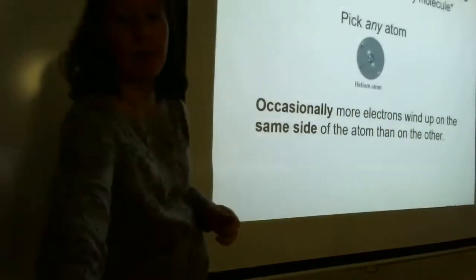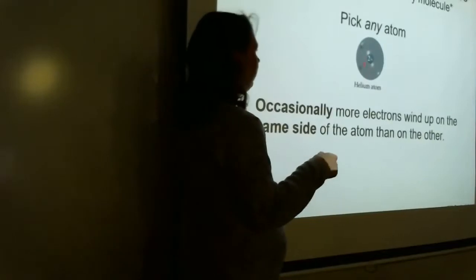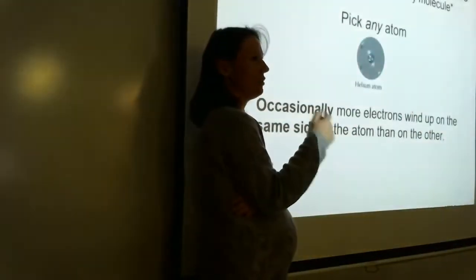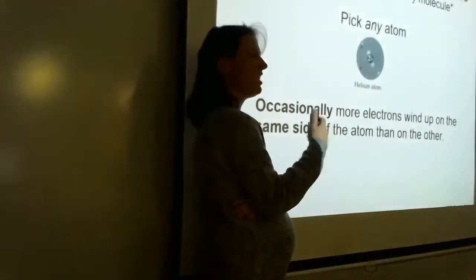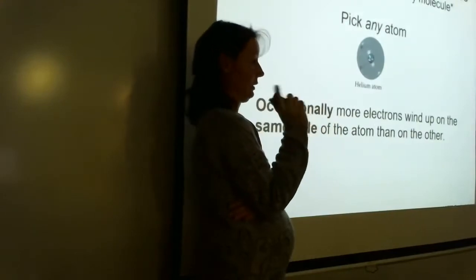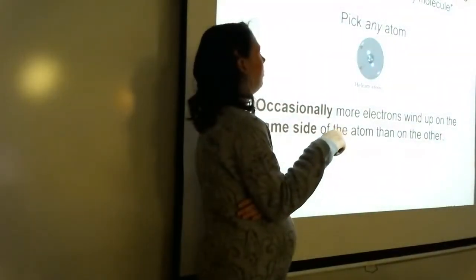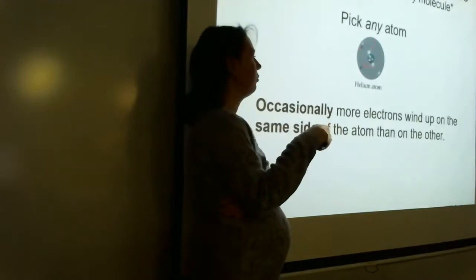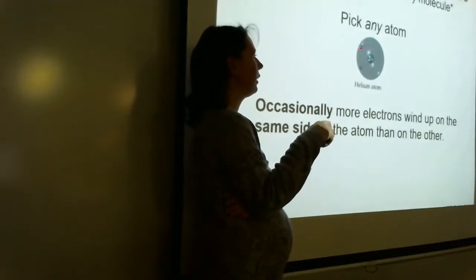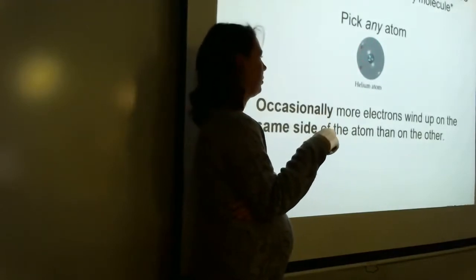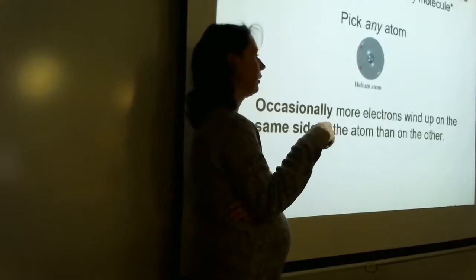Okay, so we pick any atom. Let's pick helium. Helium's a small atom, right? It's got 2 protons, 2 electrons. That's a small atom, not anything to get excited about. Now these electrons are moving randomly, and they're negatively charged. So these 2 electrons are moving randomly and independently of each other.